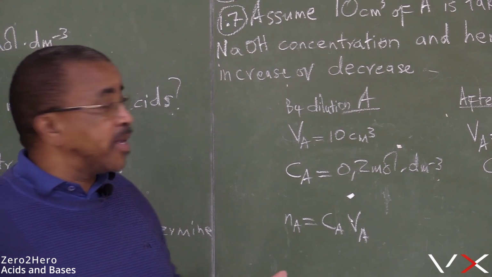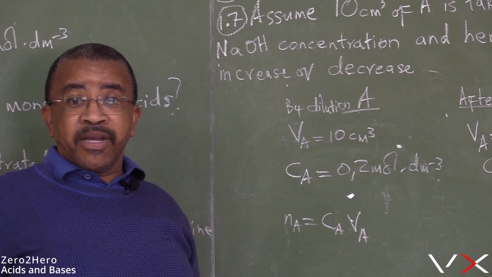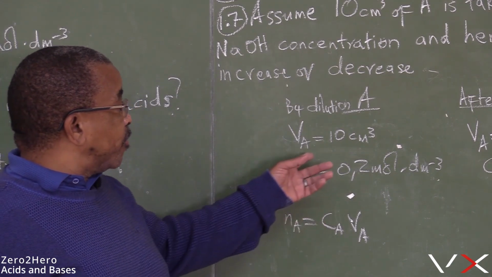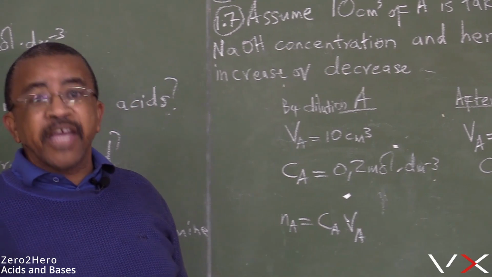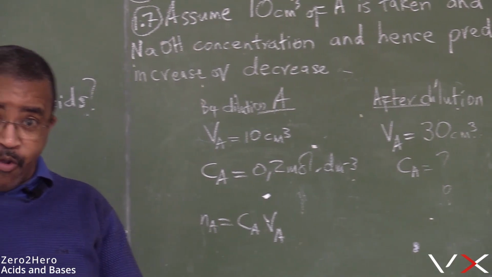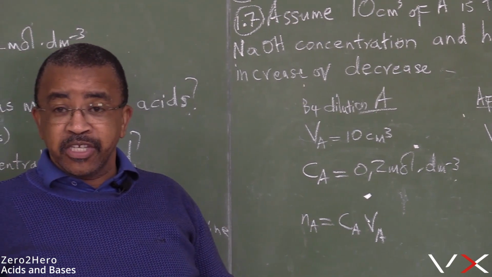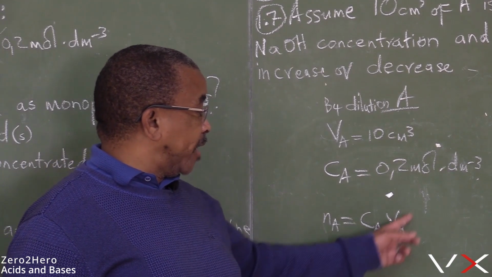Why do we say they will remain the same? Nothing was removed from that solution, we just added water, which means the number of moles before is the same as the number of moles after.